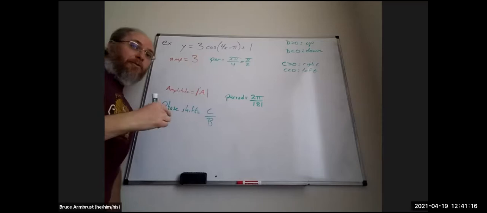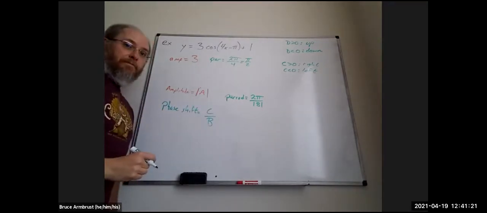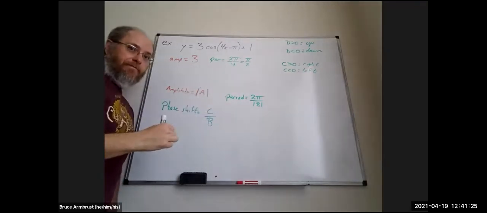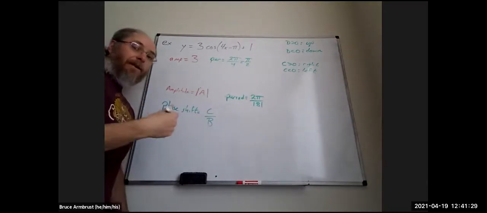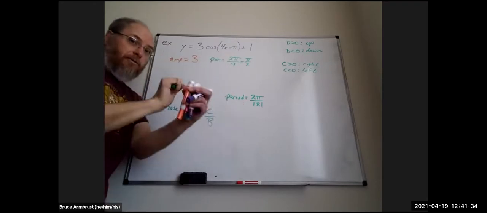So this means it's going to repeat every pi over 2. So when we start at 0, we're going to see the same thing at pi over 2, and then at the next pi over 2, the next pi over 2, and so on. So it's happening much quicker because it's been compressed horizontally. Right? Squished in.